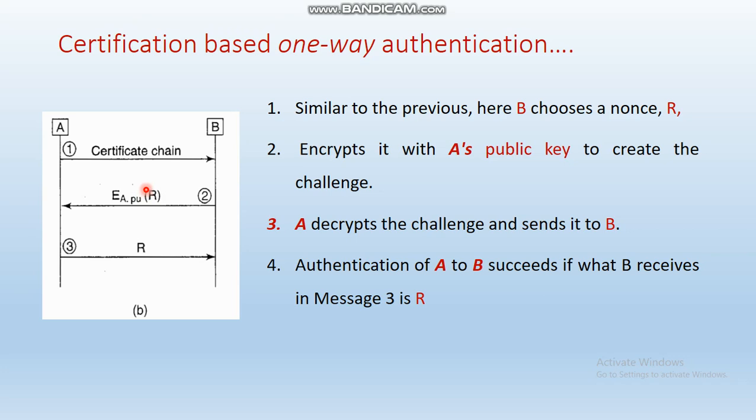Only that difference you have between the previous slide and this slide. So encrypted R value is being sent from party B to A. Let us see how this happens.